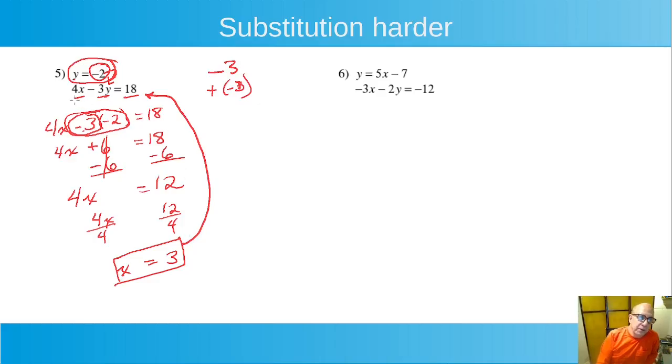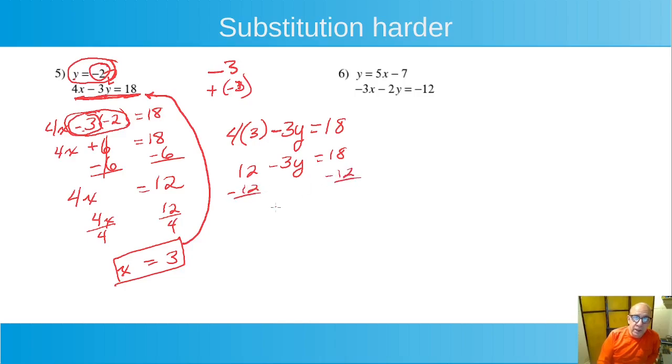So I'm going to take this second equation where there is an x, and I'm going to replace x with 3. So I have 4 times 3 minus 3y equals 18. 4 times 3 is 12. 12 minus 3y equals 18. The two-step equation, so I'm going to subtract 12 on both sides, and I'll have negative 3y is equal to 6.